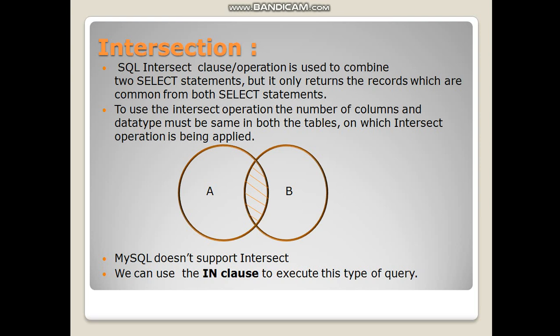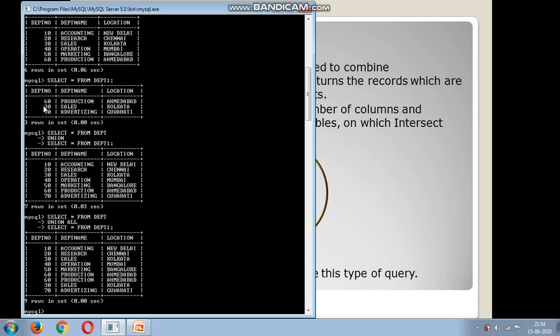But one thing we can do in MySQL is apply the intersection using the in clause. Intersection can directly be used in other types of DBMS, but in MySQL we cannot use the intersect clause. Instead, we can apply this type of operation using the in clause. How? Let us see.